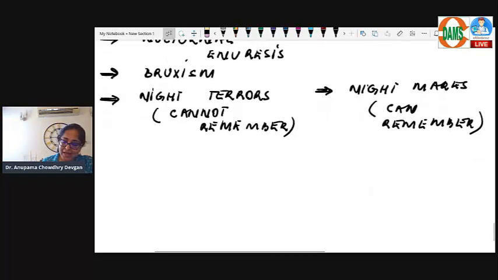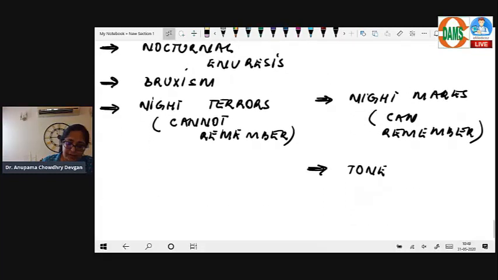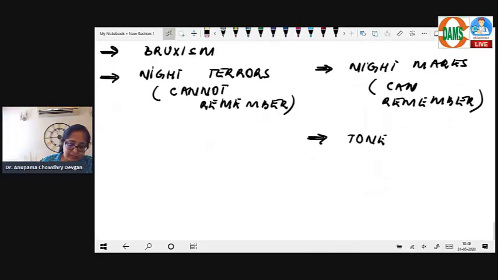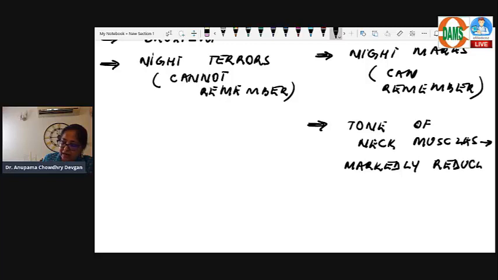Okay. Then another important point in REM sleep is the tone of the neck muscles, which is markedly reduced in REM sleep.